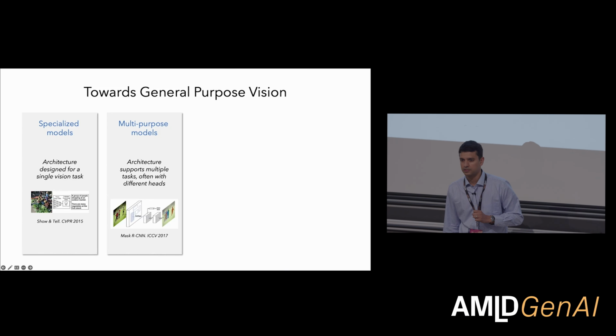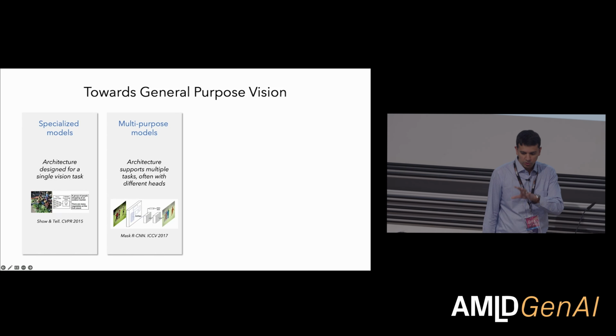There has been many, many decades of research in computer vision in creating specialized systems. And these are systems that are architected very, very carefully to be extremely performant at a single task. Then, of course, there's also been a lot of research, particularly in the last couple of decades, on training multitask models. And these models are designed to perform more than one task, but often they're designed to perform 2, 3, 4 tasks.